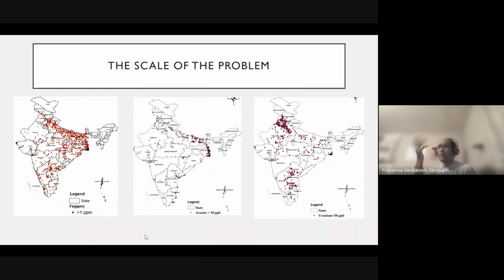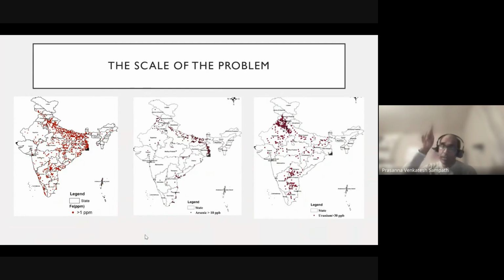Anyway, we submitted a report along with experts from around Andhra Pradesh, from the Pollution Control Board and so on, and we visited the locations and we looked at it. So uranium contamination is there in southern Andhra Pradesh because there is naturally occurring uranium in that part.